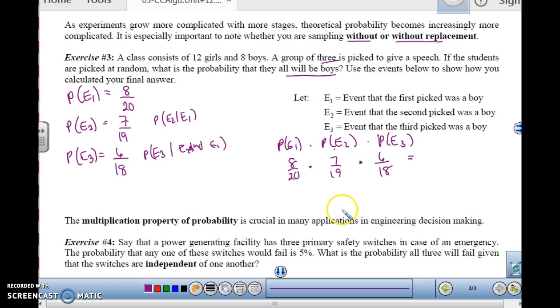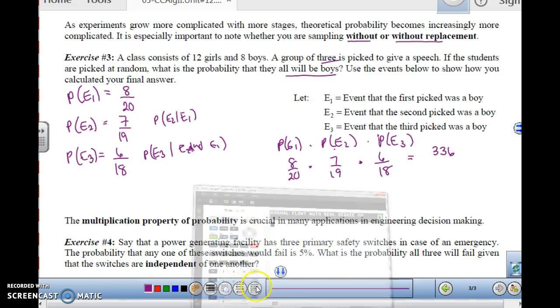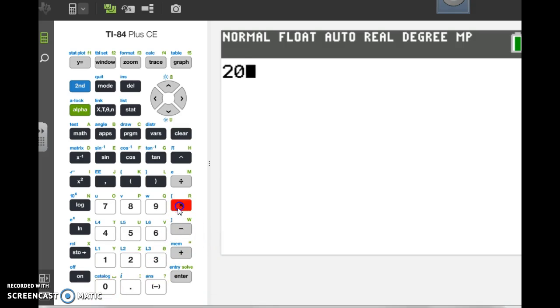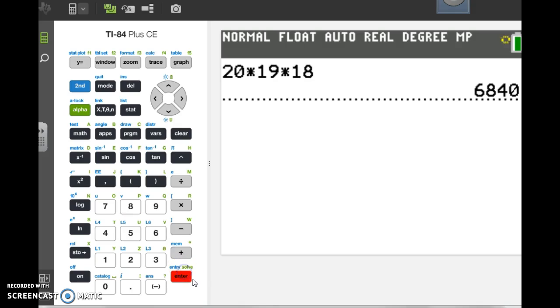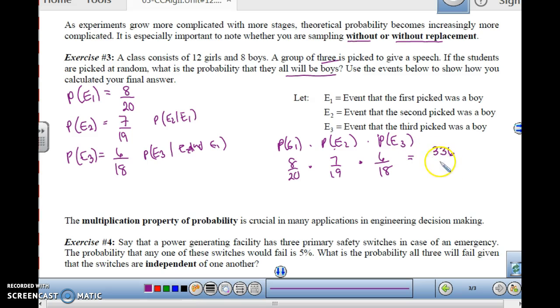When I multiply all these together, 8 times 7 times 6 is 336. And then 20 times 19 times 18, on my calculator, is 6840. So this is 336 out of 6840.